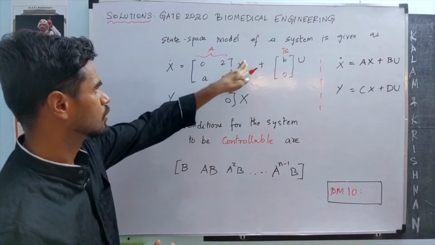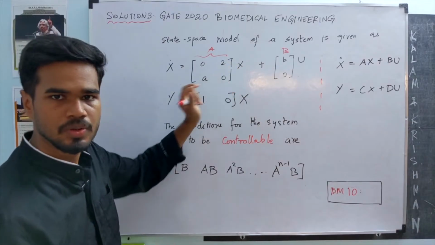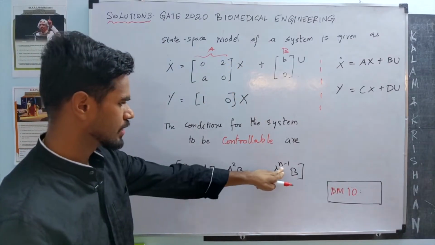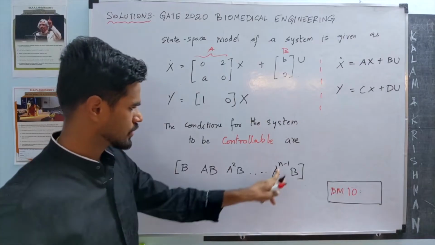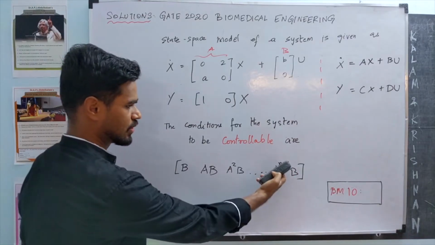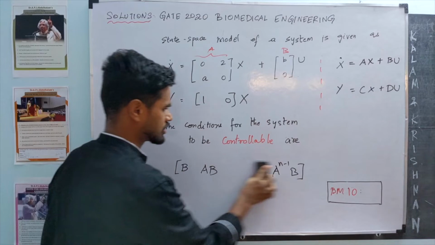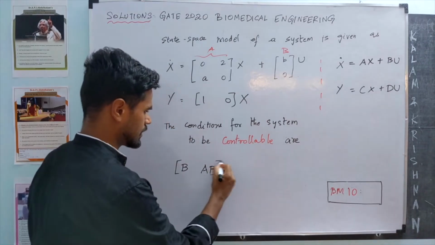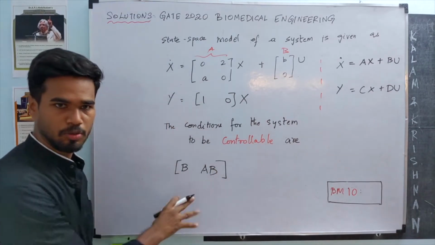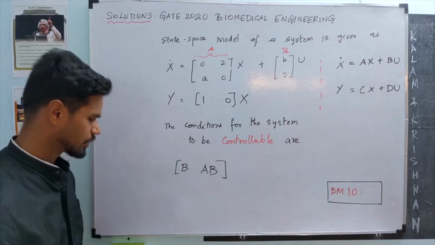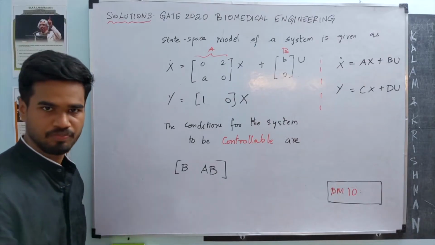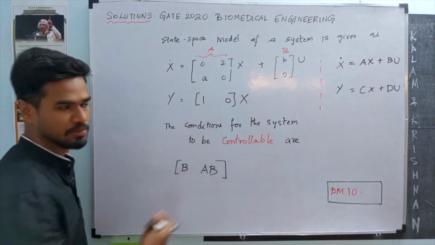In this case, there are two variables here, 1 and 2. So n here is 2, so n minus 1 becomes A to the power 1. So it stops here with B and AB. This is the controllability matrix. Now the rank of this should be full, which means the rank of this should be 2 for the system.